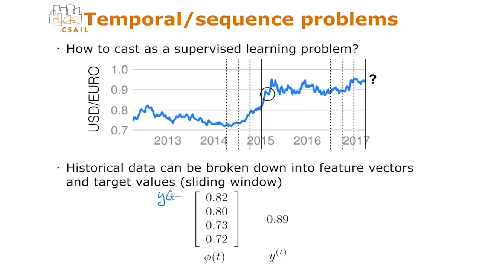So y_{t-1}, y_{t-2}, and so on. Here only 4 coordinates, down to y_{t-4}. So we construct a feature vector based on the previous values of this time course signal, and we call that feature vector phi of t. And we can now use that vector to try to predict what the outcome is, or the value at the next time point.